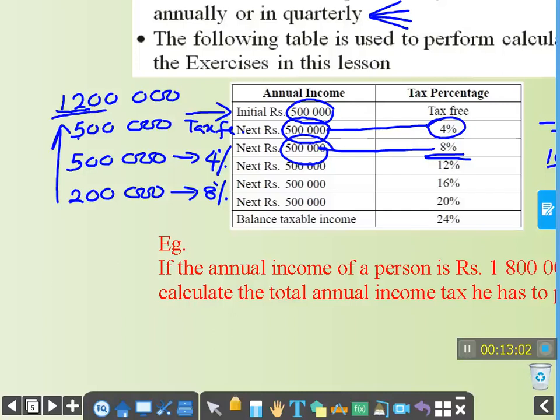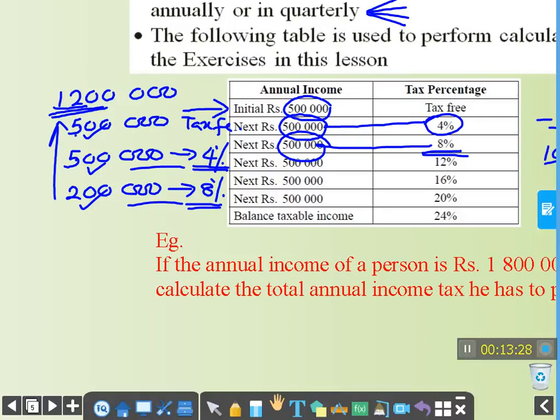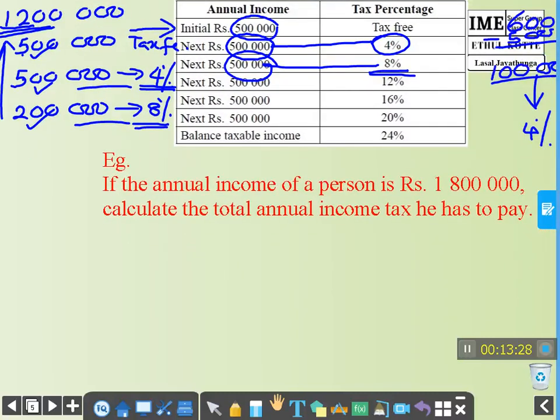So this is the method for the income of 1,200,000: 500,000 tax free, next 500,000 at 4%, next 200,000 at 8% tax. We have to calculate twice, then get the total to find the income tax. Now we'll go for the given question to practice this.